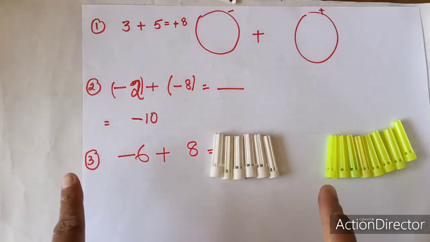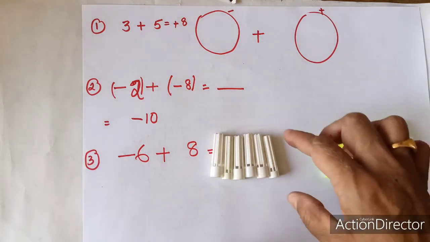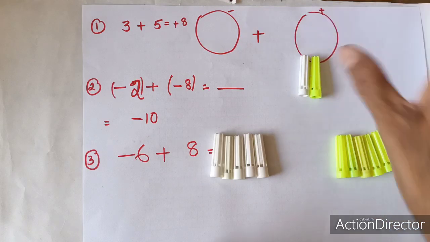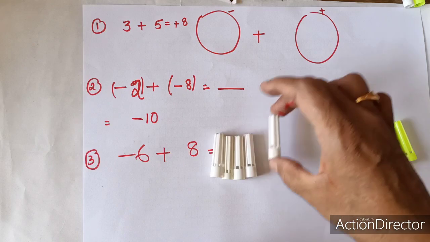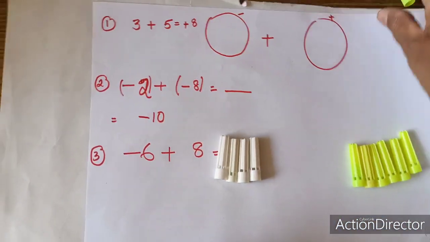So now you have to find the answer. How to find the answer here? You have to understand that one white cap and one yellow cap will become 0. So we will remove this. Again one white cap and one yellow cap will become 0.